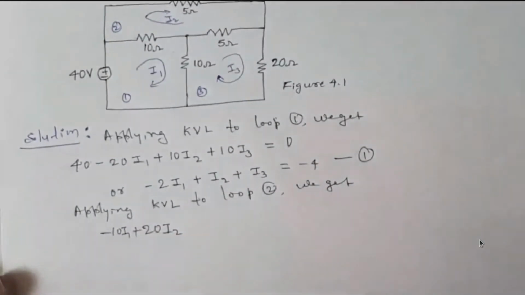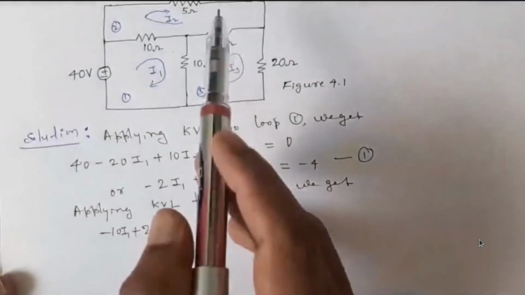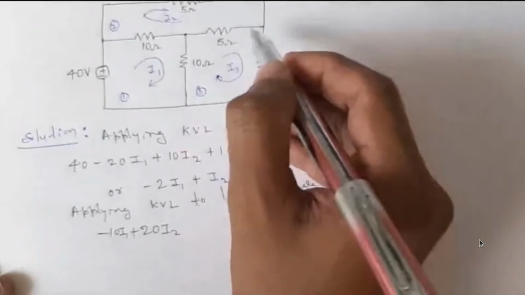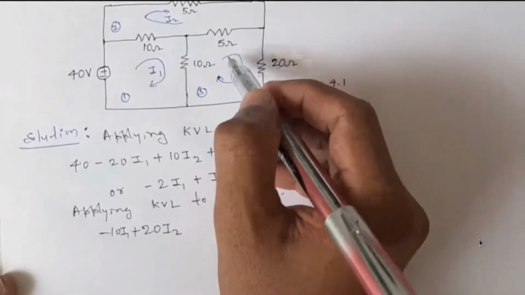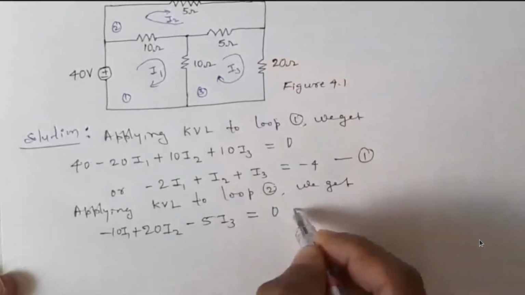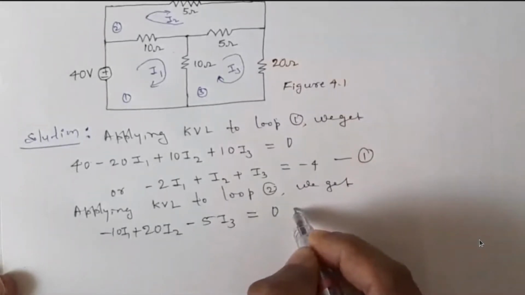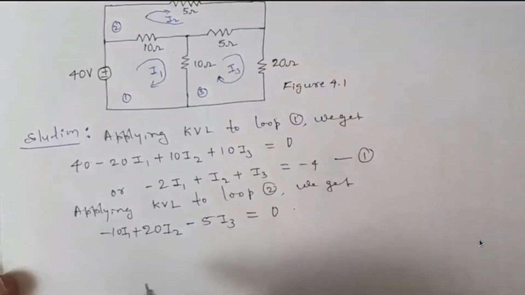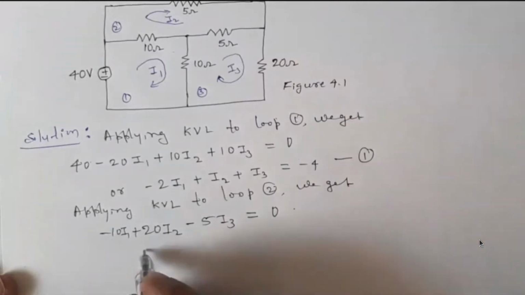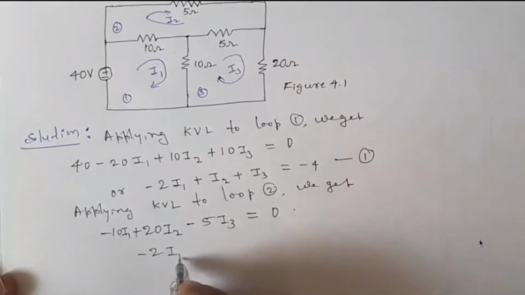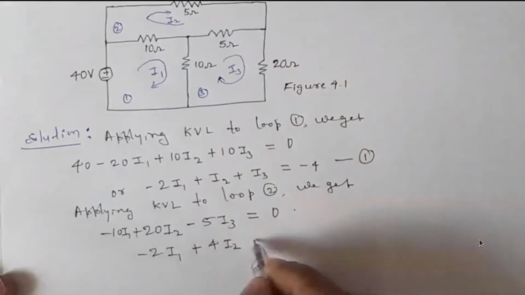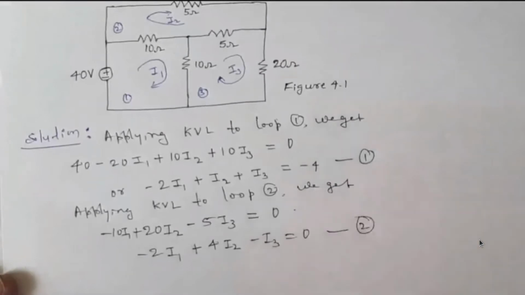And I1, I2 and I3 are once again in opposite direction, so I'll write minus 5 I3 is equal to 0 directly in one step. Now I can divide all terms by 5. In that case, I'll get 2 I1 plus 4 I2 minus I3 is equal to 0. Call this equation number 2.